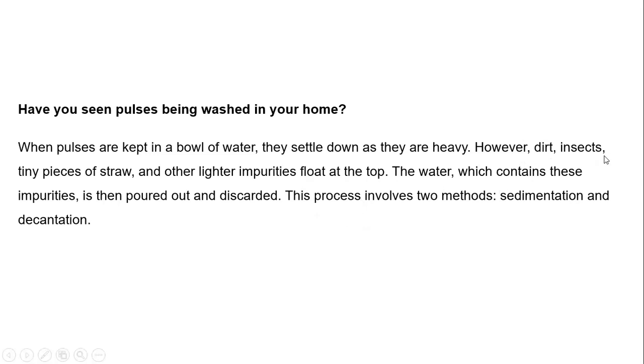However, dirt, insects, tiny pieces of straw and other lighter impurities generally float at the top. So what we do now, the water which contains these impurities is poured out and discarded. We generally throw it. So here we are using two methods, sedimentation and decantation.